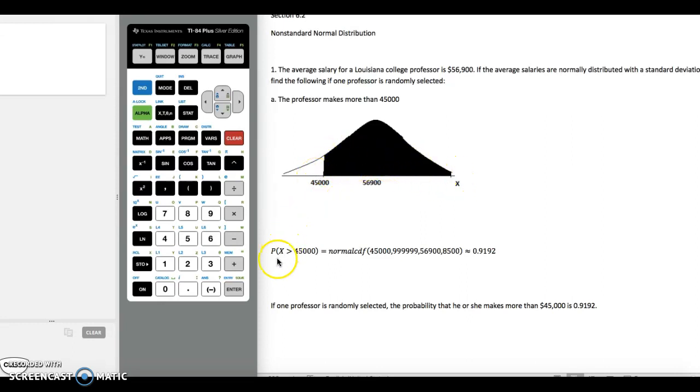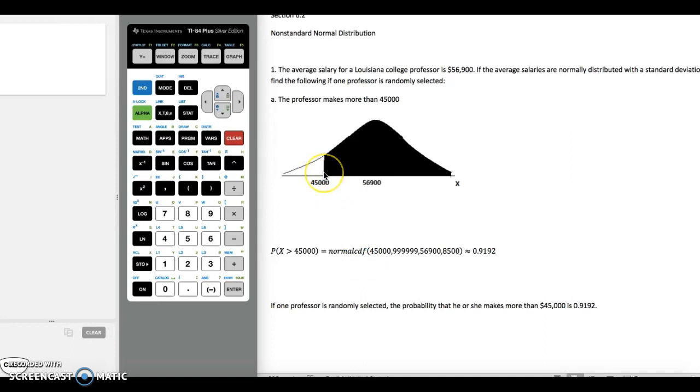And so here, the probability that your random variable x, or that the salary is more than 45,000, is equal to, and here we're calculating a probability. So anytime we're calculating a probability, an area, or a percent, we use normal CDF. So normal CDF, you need your lower bound, your upper bound, your mean, and your standard deviation.